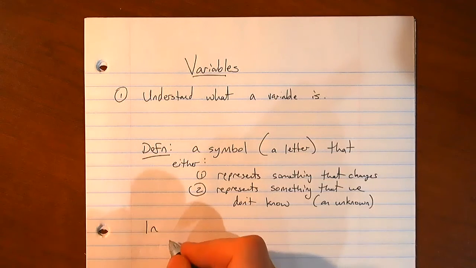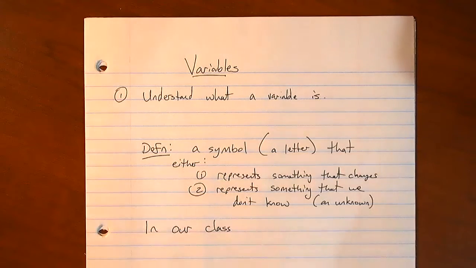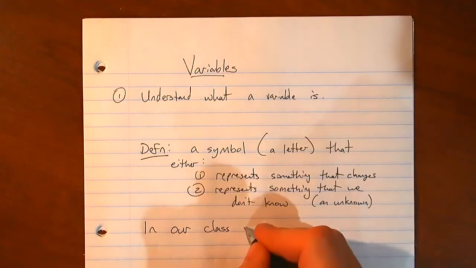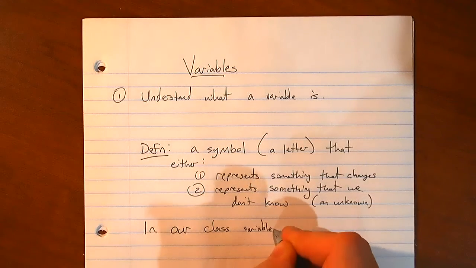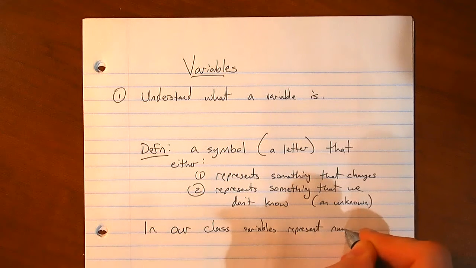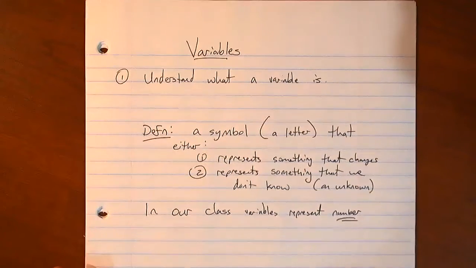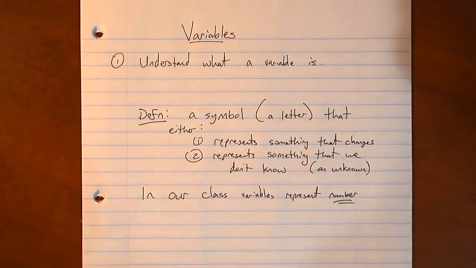Now, this isn't true universally in all of algebra, but in our class, for the algebra that we'll be doing, variables will represent a number. Now, the reason why that's important that it represents a number is because all of the rules that we have learned and will learn about numbers will still apply to variables because variables represent numbers.